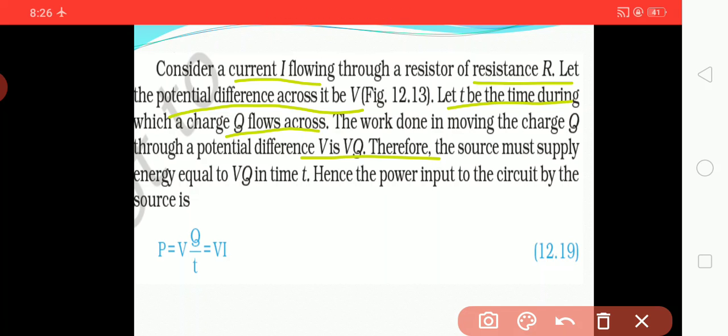Hence the power, which we indicate by capital P, input to the circuit by the source is P = VQ upon t.